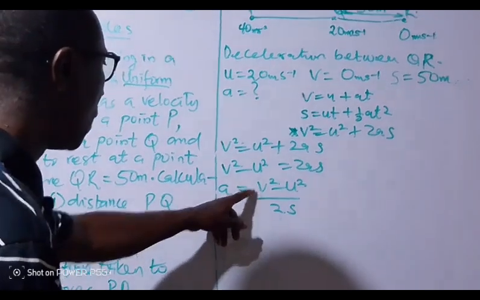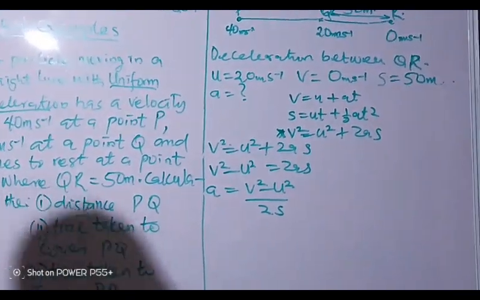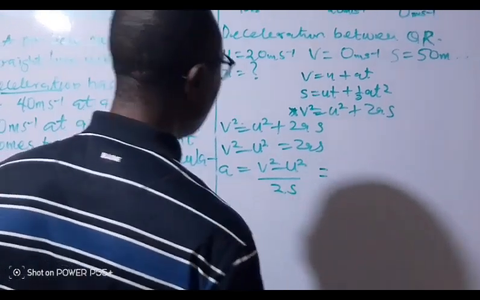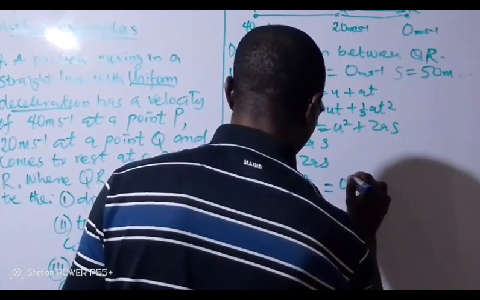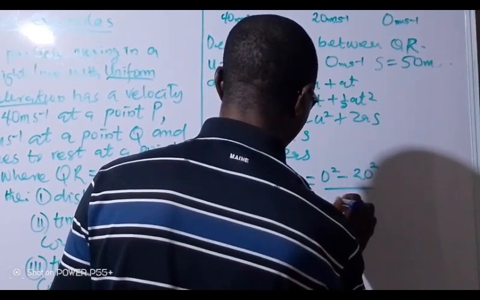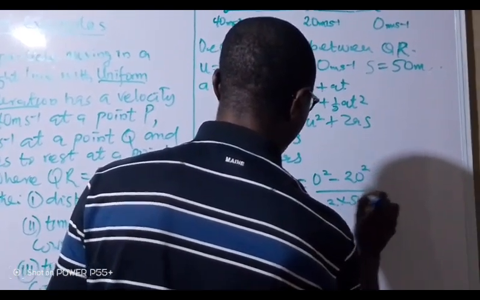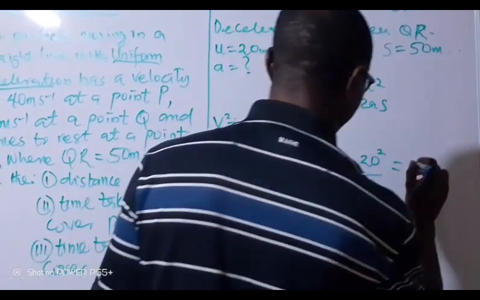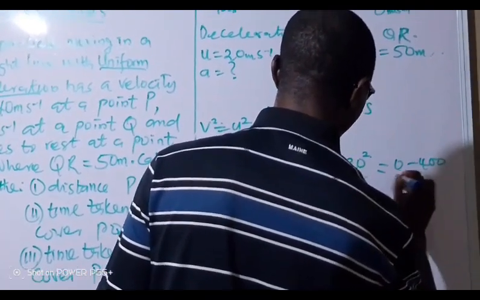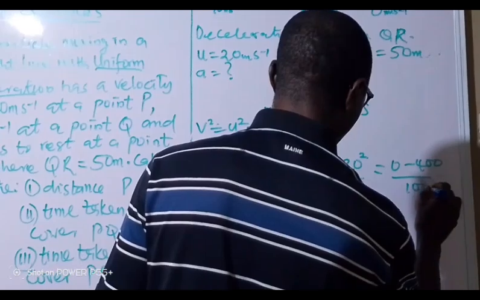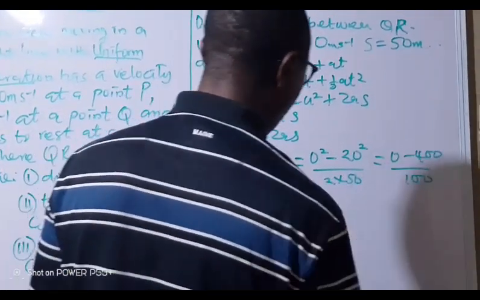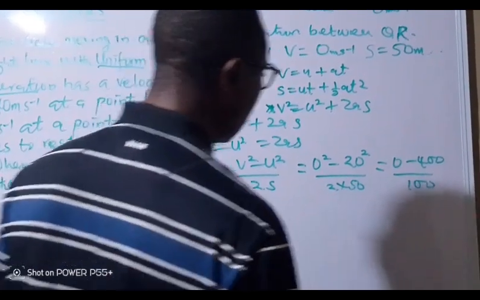So having known our V and U, we can now say that our V is 0 squared minus 20 squared over 2 multiplied by 50. This will give us 0 minus 400 over 100, since 2 multiplied by 50 gives 100.